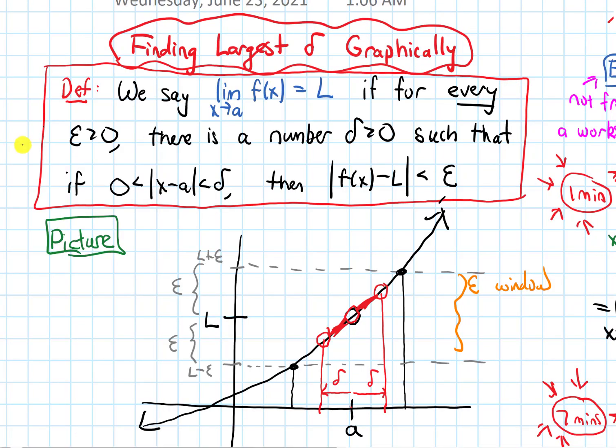So remember that if we look at our epsilon delta definition, our goal is to find a number delta such that when the distance from x to a is strictly between 0 and delta, then the distance of f of x, our y values, from L will be less than epsilon. In other words, it'll guarantee that I'm in the epsilon window. So we're trying to find a delta that works in a sense. So what I'm going to do is work backwards. I'm going to say, let's let the absolute value of f of x minus L be less than epsilon.